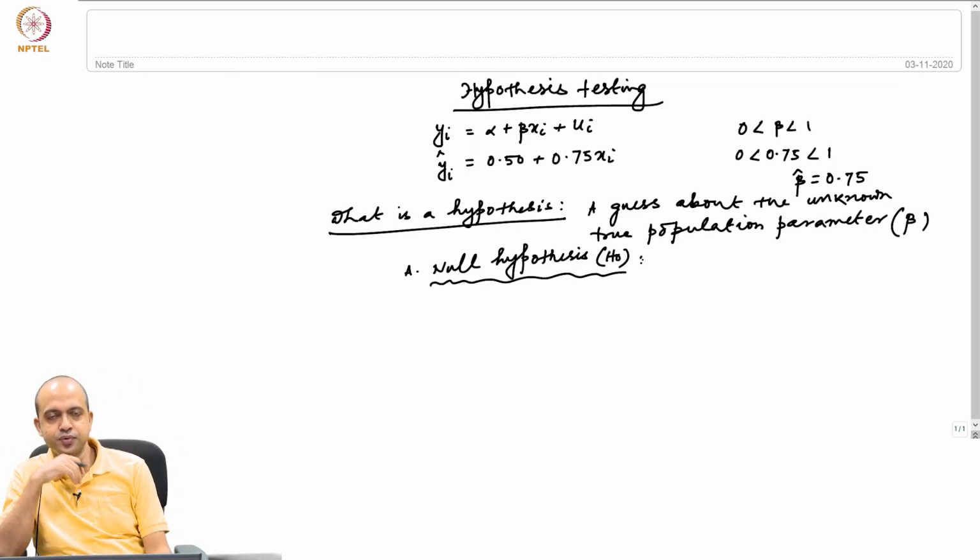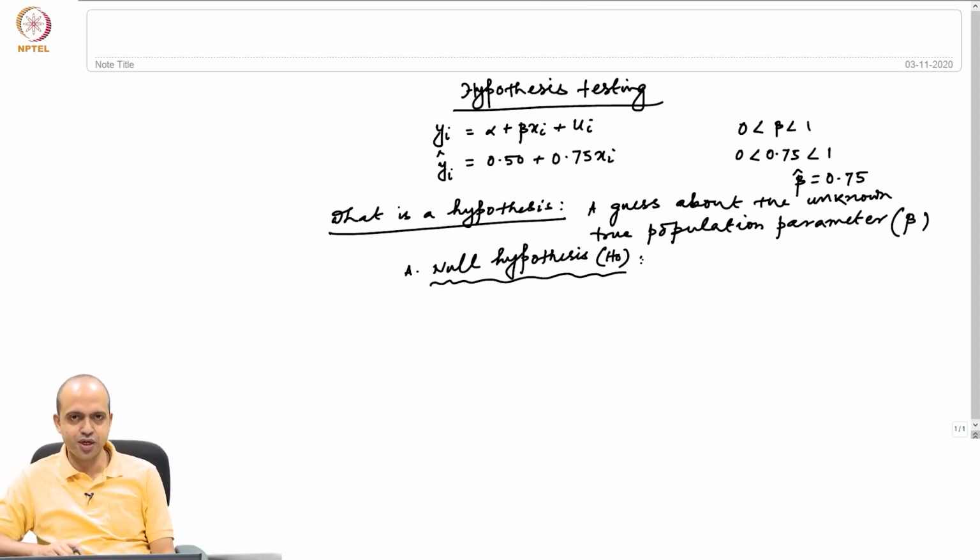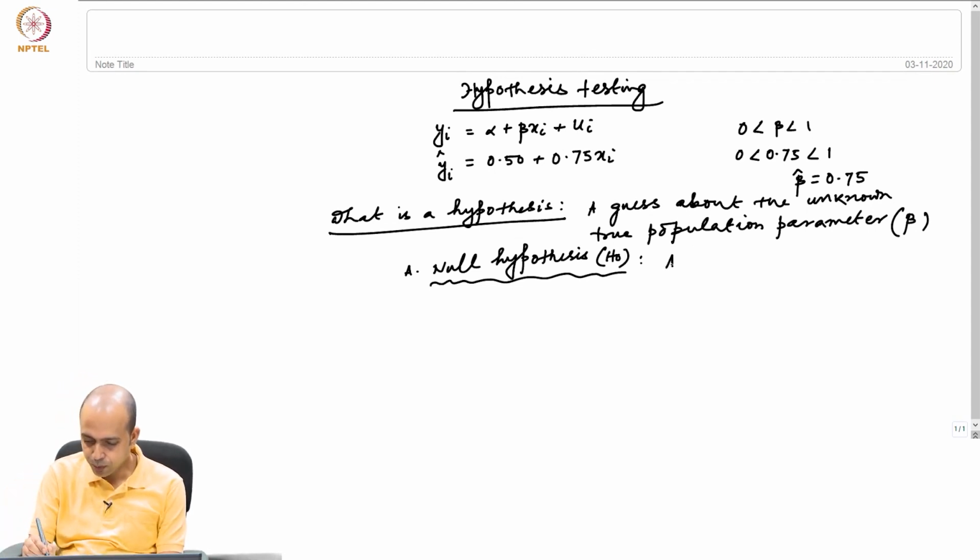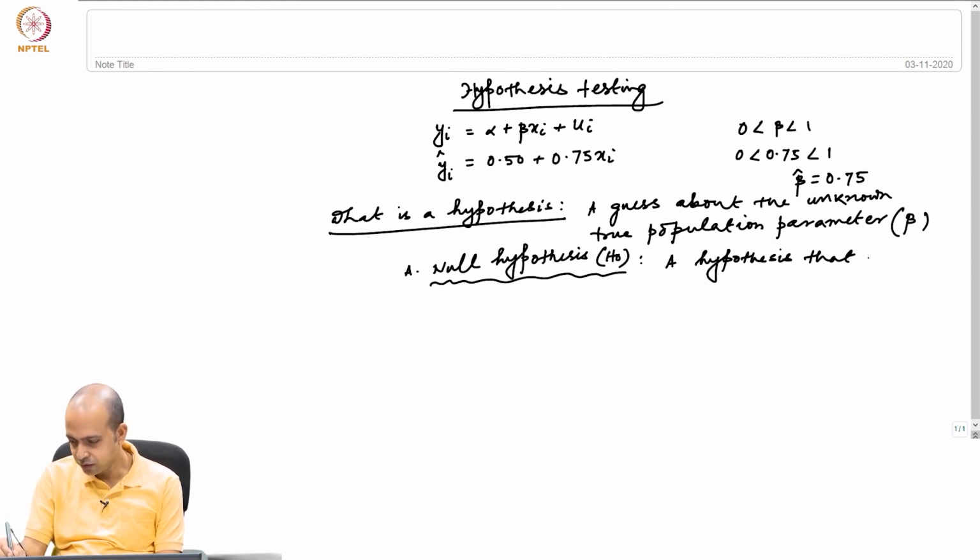The definition says that a hypothesis that nullifies our claim is called the null hypothesis.